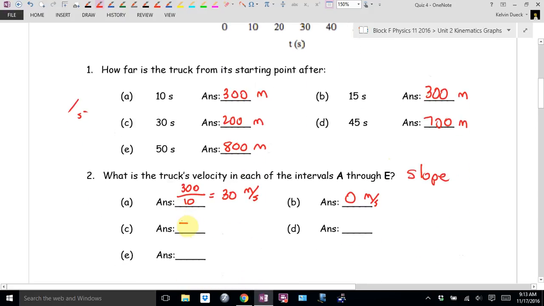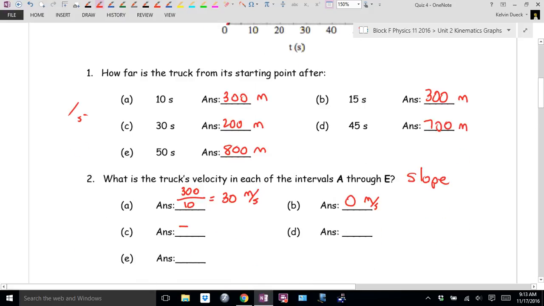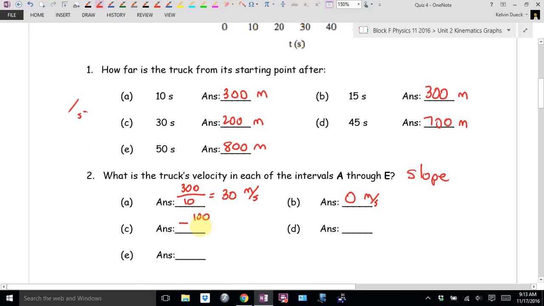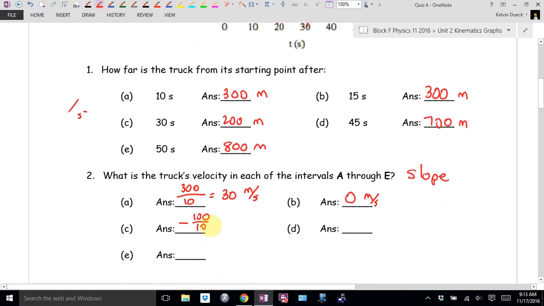C, first thing I did is I put a negative there just so I wouldn't forget. It's going backwards. Here, it's 300. Here, it's 200. The rise is 100. The run is 10 seconds. You're going negative 10 meters per second, or 10 meters per second backwards. I've already told you I prefer just to say a negative.